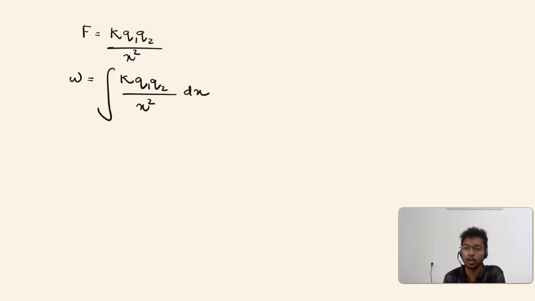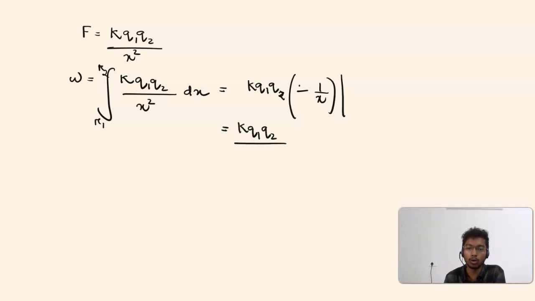F dot dx is the force, and its integration will be equal to k q1 q2 into minus of 1 by x, taken from, let's say, r1 to r2. So this will be equal to k q1 q2 into, from r1 to r2, 1 upon r1 minus 1 upon r2.